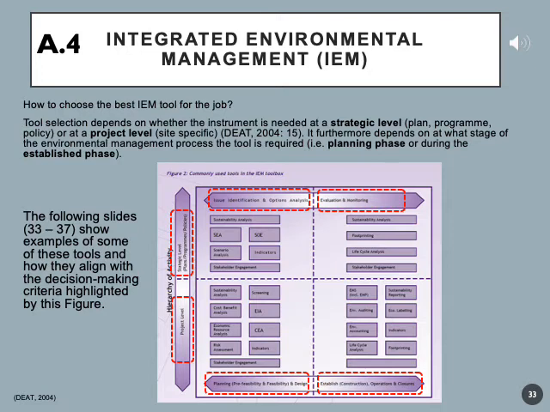You're still on a project level, so site-specific. So it's established. It's either construction or operational phase, or even closure. Then you will look at using a tool such as footprinting, again life cycle analysis, or even sustainability reporting, to take a snapshot of what the activity is actually impacting on.